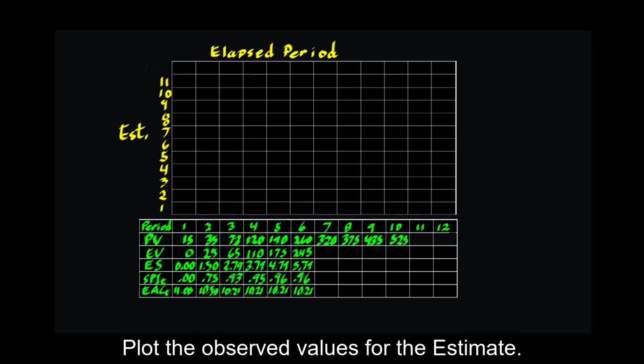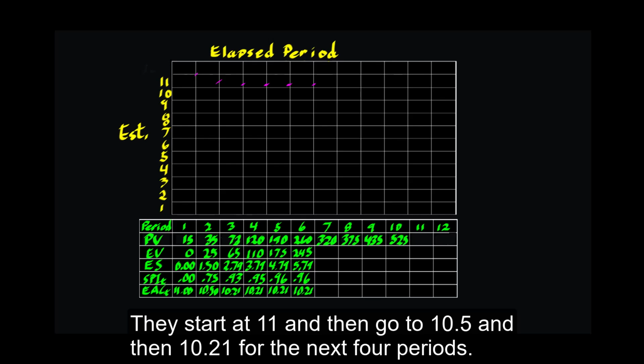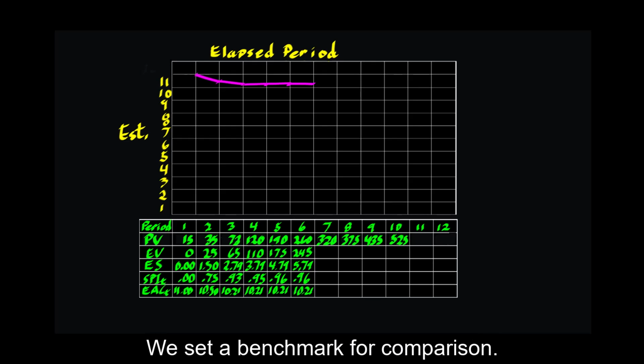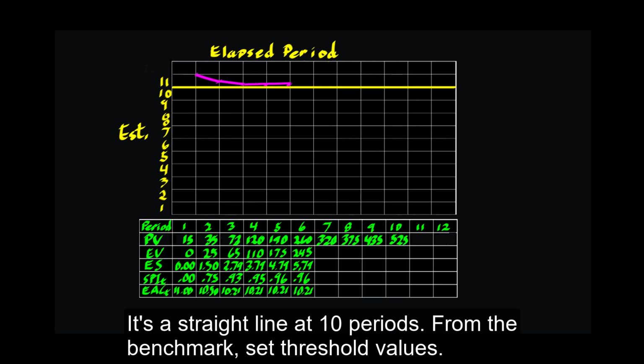Plot the observed values for the estimate. They start at 11 and then go to 10.5 and then 10.21 for the next 4 periods. Connect the dots. How do we interpret the graph? We set a benchmark for comparison. Use the planned duration. It's a straight line at 10 periods.